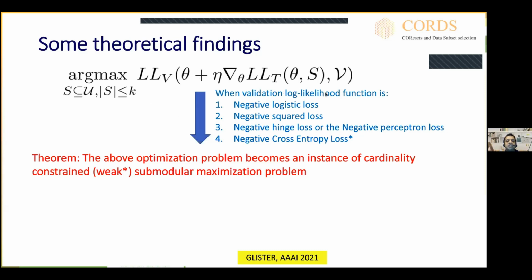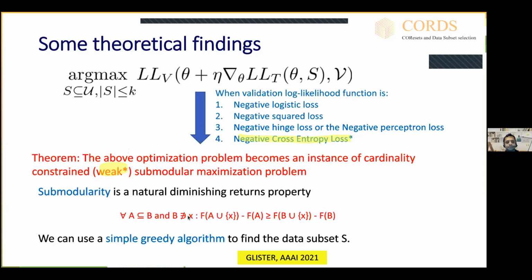When the validation log likelihood function is the negative logistic loss, the negative squared loss or the negative hinge loss, the above optimization problem is an instance of cardinality-constrained submodular maximization. In the special case of negative cross entropy loss, we have weak submodularity, which we won't talk about here. Recall that submodularity has this natural diminishing returns property, and therefore you can use a simple greedy algorithm to find the data subset.